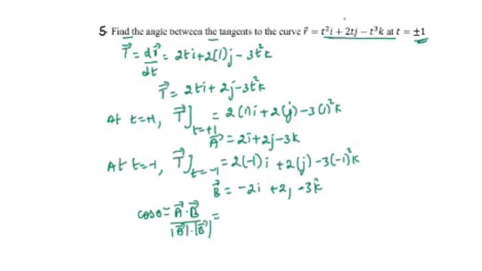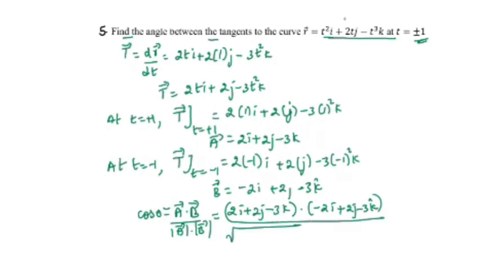That will be 2i plus 2j minus 3k dot product of minus 2i plus 2j minus 3k, divided by root of, you have to take the coefficients of i, j, k, square them and add them. That will be 2 square plus 2 square plus minus 3 square. Then again it is root of minus 2 whole square plus 2 square plus minus 3 whole square.